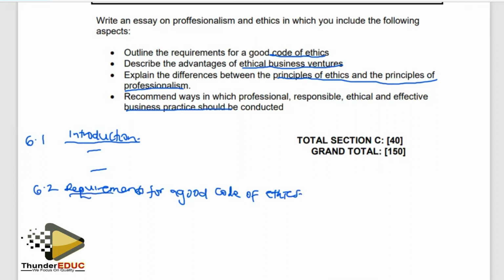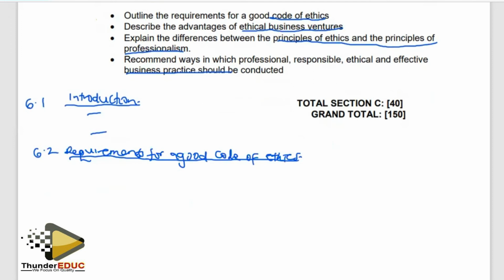You underline this. Then you give your answers. So number 3 is this to give your answers, but remember in point form. Then the next heading should be 6.3.